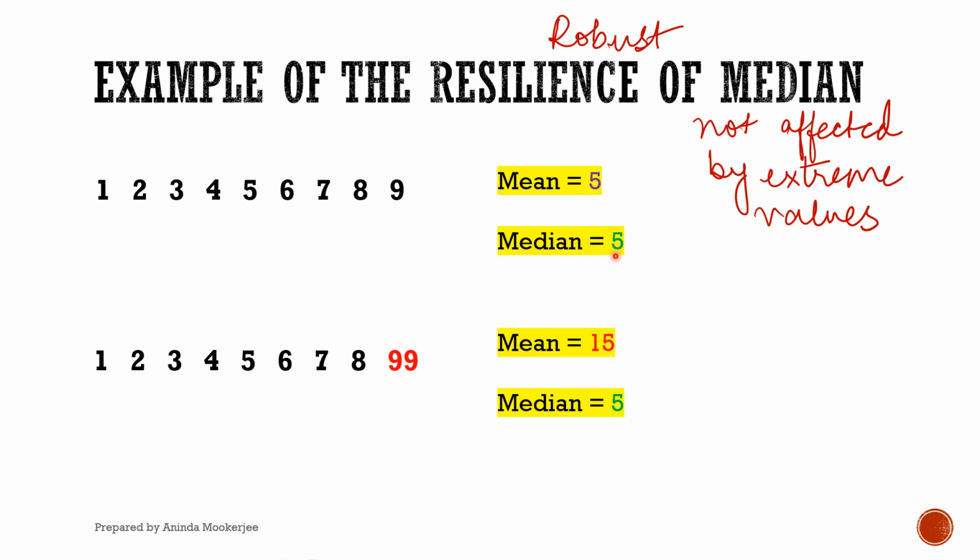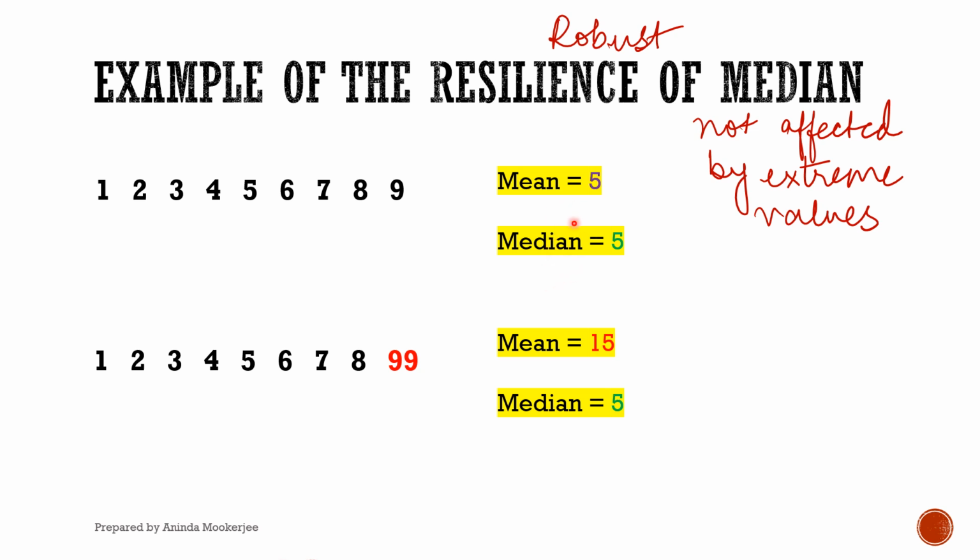If you find the median of this list, make sure first that they are arranged in ascending order from lowest to highest, and then the value right at the center is 5, correct? That's the median. So in this case, the mean and the median are equal. That means it's a symmetric distribution, what we just saw in the previous slide. Mean and median are equal.